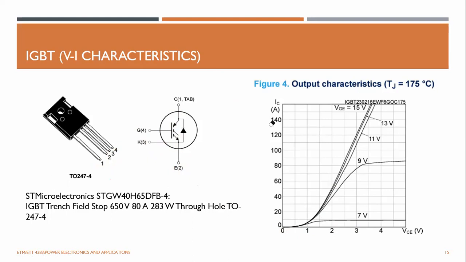So does anyone have any idea why, rather than having this pin here, they have used pin number 3 as well? Why are they using 2 pins? Why can't they use just a single 3-pin device? If anyone knows the answer, just type in the chat box. I'm just asking why it is.